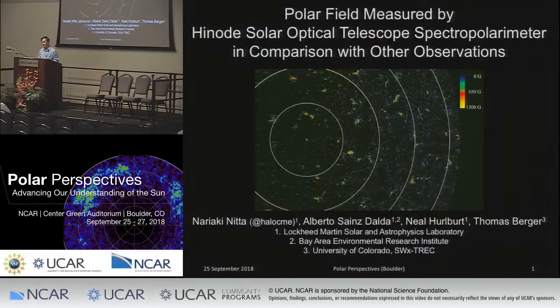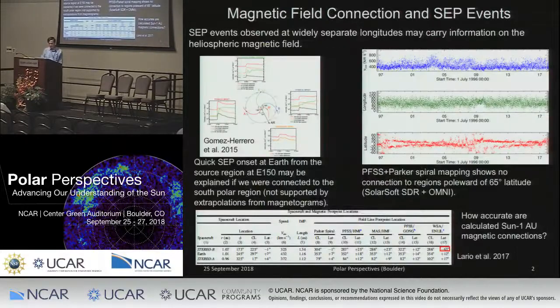But now I think sub-L1 missions like Space Weather Diamond, as well as polar missions, are much better than this multiple STEREO idea. And my main motivation for dealing with the polar field is the magnetic field connection between the Sun and the heliosphere. I try to illustrate a possible problem with the magnetic field connection in this SEP event.